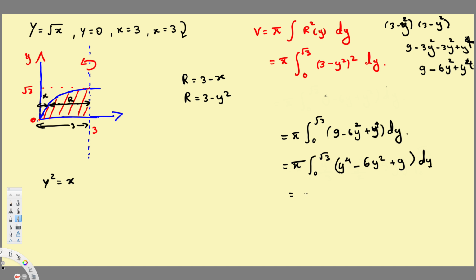If I integrate this, it's going to give us y power 5 divided by 5 minus 6y cubed divided by 3 plus 9y, going from 0 to root 3, right?